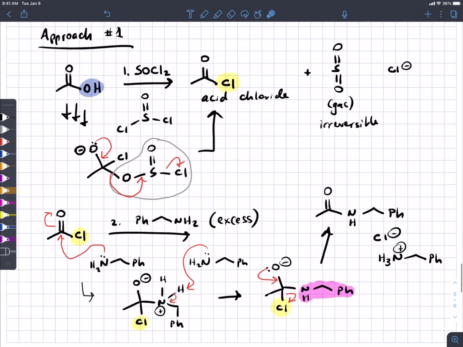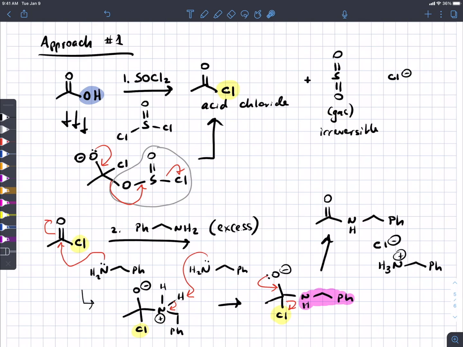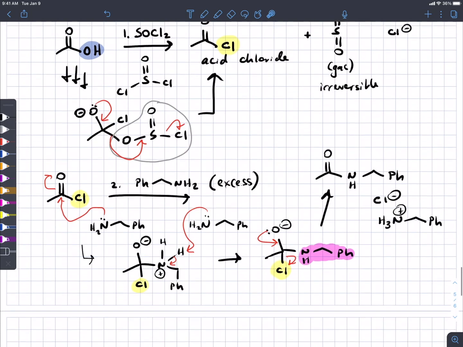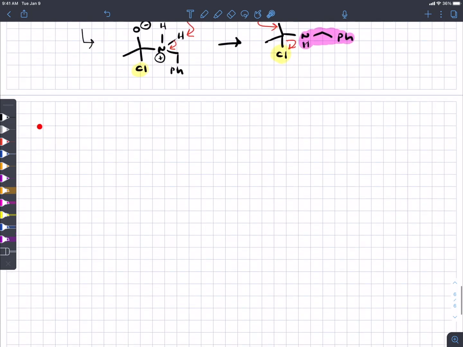So as I said, we make amide bonds in my lab all the time, and we basically don't use this thionyl chloride method because the reagent is, I think, pretty reactive, and in many cases acid chlorides themselves are too reactive and can react with other functional groups in the molecule. So instead, we use something akin to approach number 2, and that is to use something called a coupling reagent.